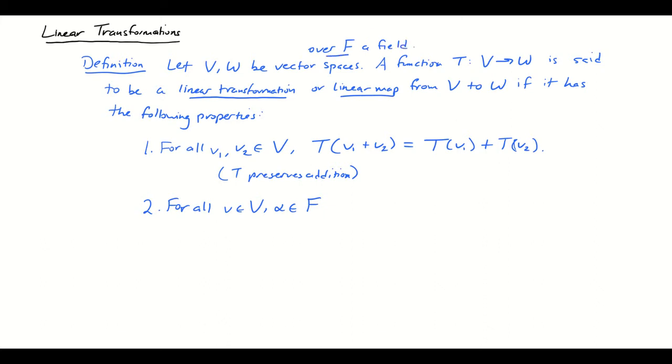And we're going to require that be the same field for V and W. All right, so anyway, for all V in the vector space V and all alpha scalars in F, we have T of alpha V equals alpha times T of V. And you'll notice here, there are two multiplications going on. This one is taking place within the vector space V, and this vector here is in W now, so this multiplication is happening in W. So in other words, T preserves scalar multiplication.